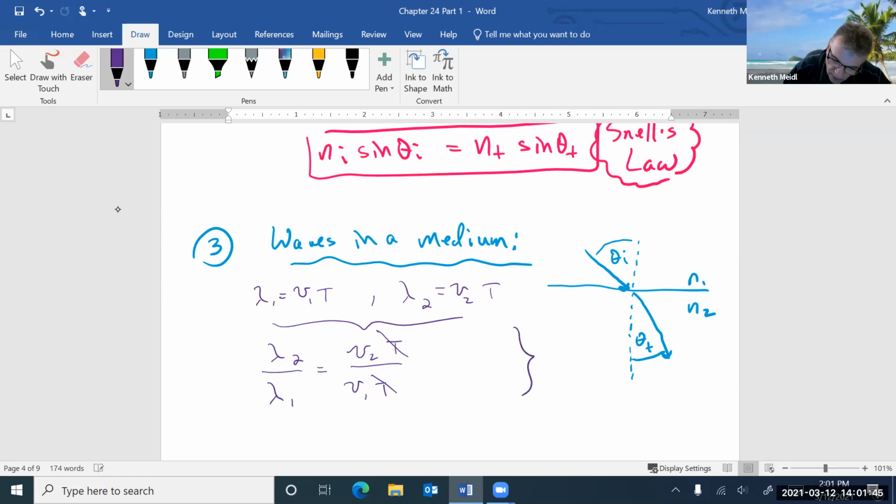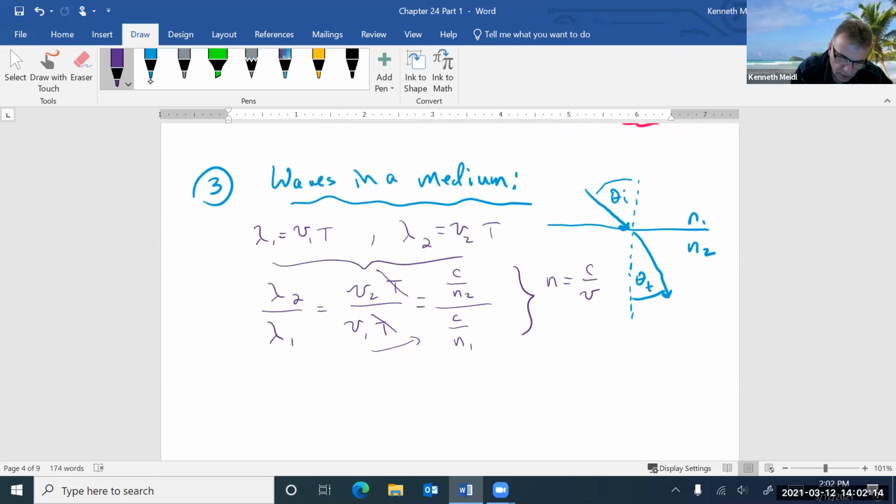And once again, just like what I did before, n equals c divided by the velocity in the material. So the velocity in the material can be written as c all over the index of that material. And this velocity here can be written as c divided by the index in that material.